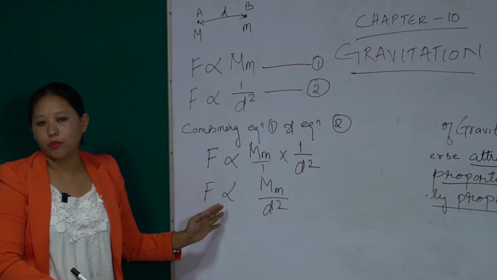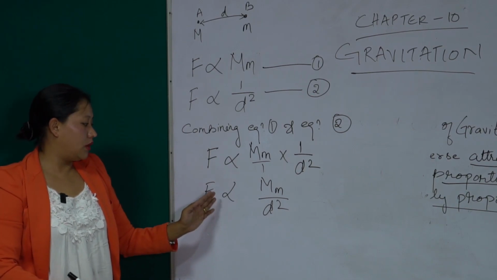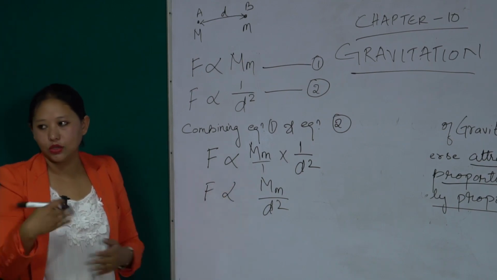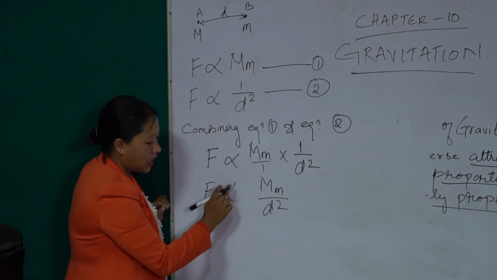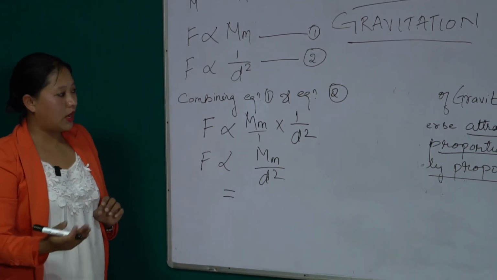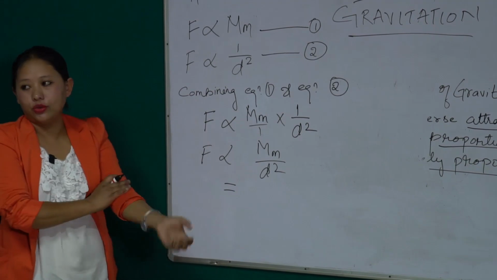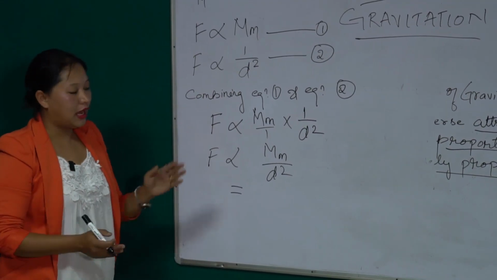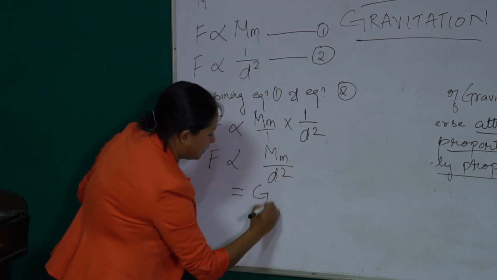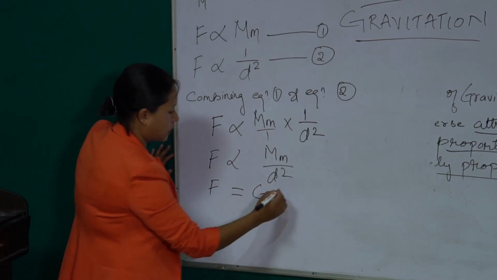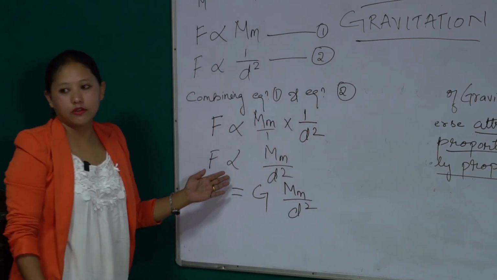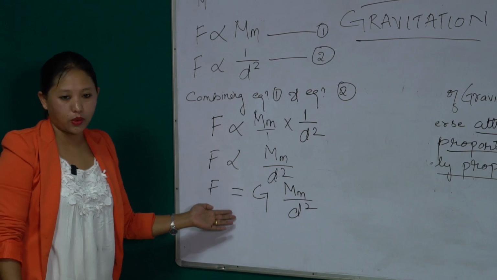So here we have a proportionality. In order to convert this proportionality sign into an equal sign, we introduce a constant, and the constant we introduce is capital G. So F is equal to capital G M m by d square, and we have converted the proportionality into equality.